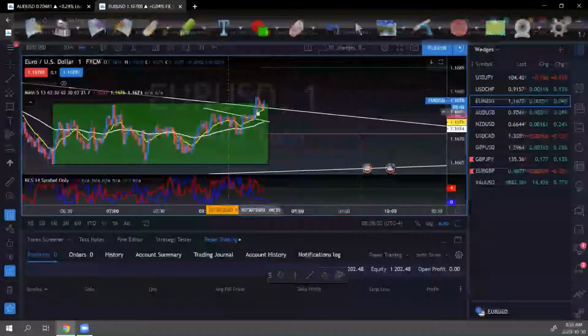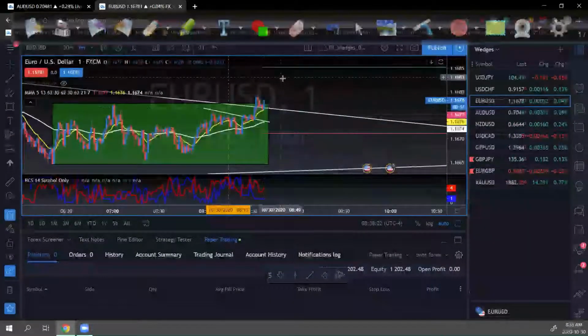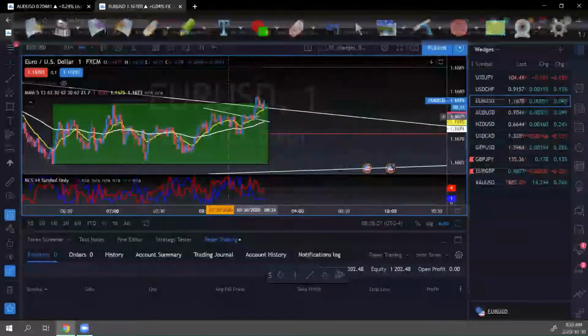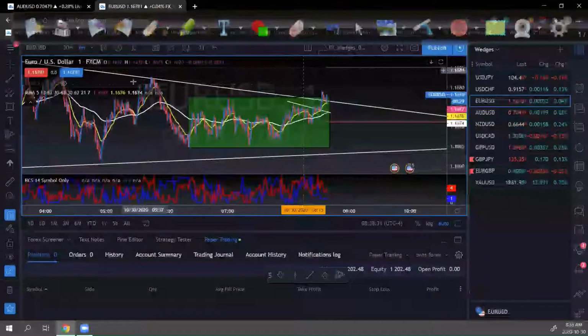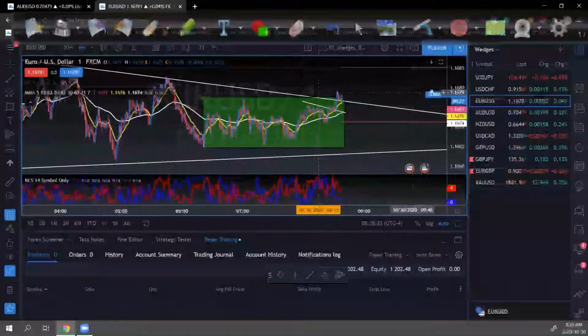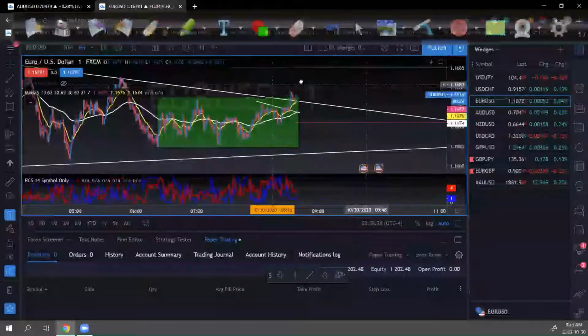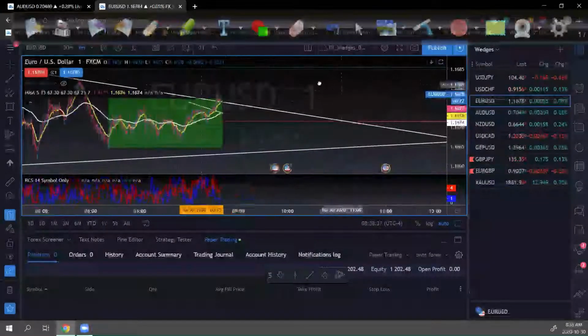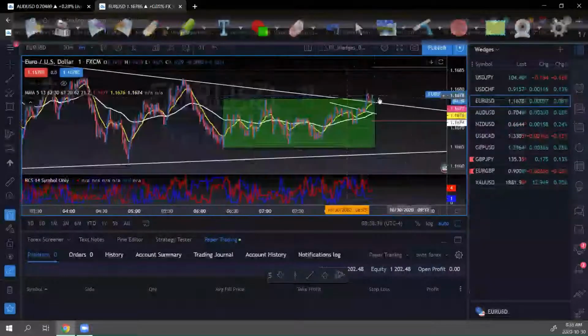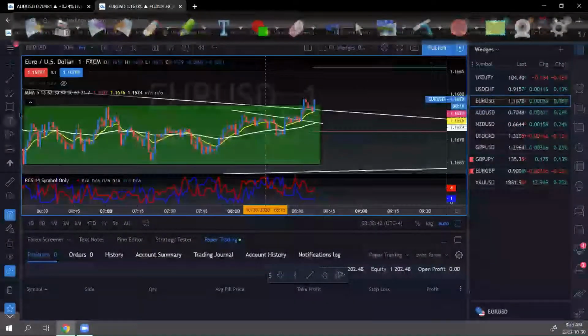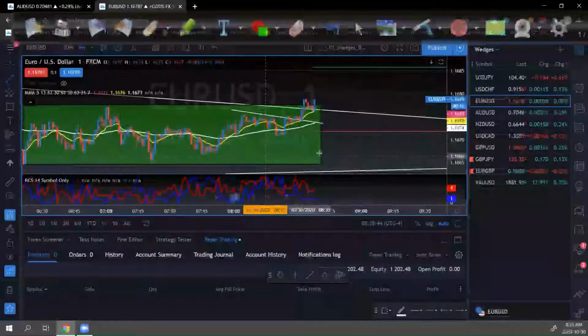That's cool. It came in, tested, bounced off that trend line. Now you've got a little bit bigger of a gap between. See how we tested that a little bit. Moving it a hair. Now you're going to get a little wedge here on the 1 minute chart. I'm going to get rid of this.